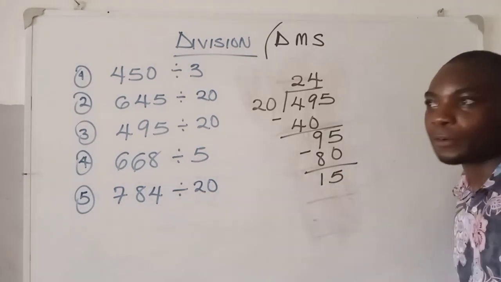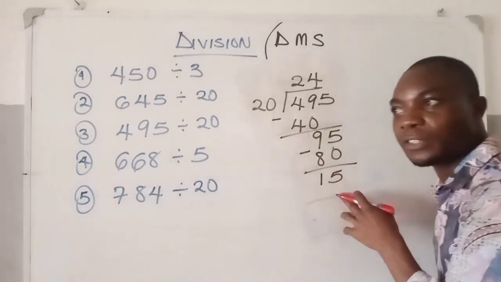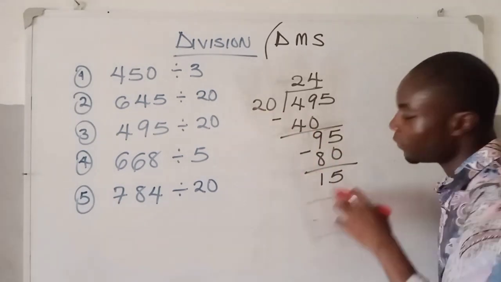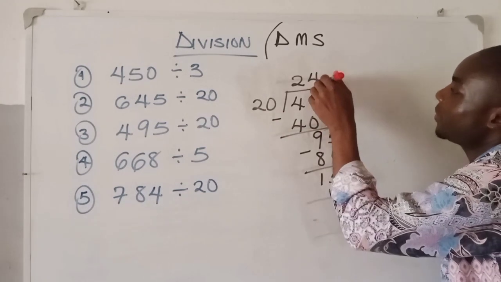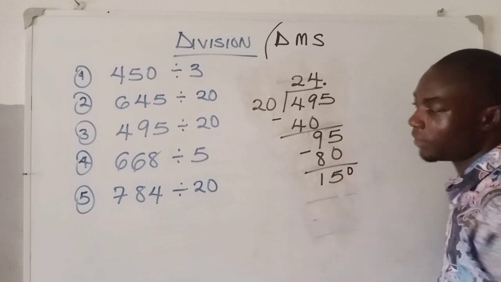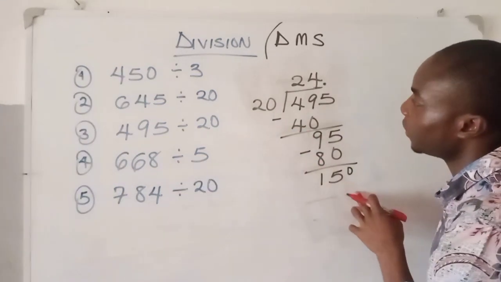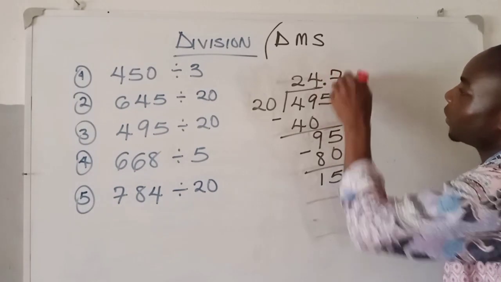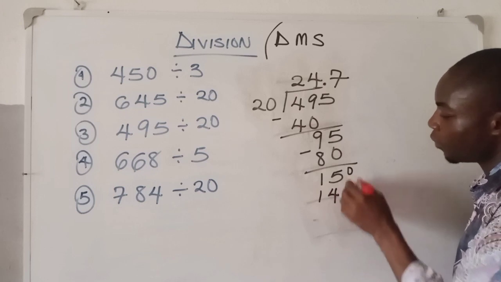So the next part now is our division. So 20 into 15, or how many times can we remove 20 from 15? It's not possible. So what we need to do, we add a point here and we add 0 to this, becomes 150. So 20 into 150, we have 7 times. 20 times 7 will give us 140.